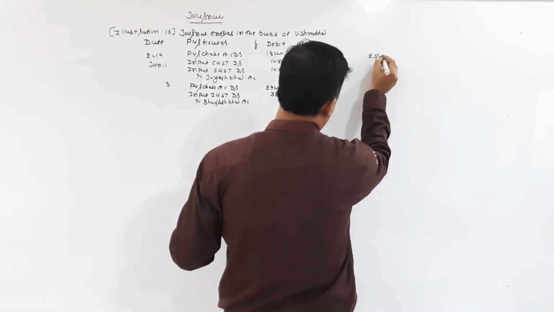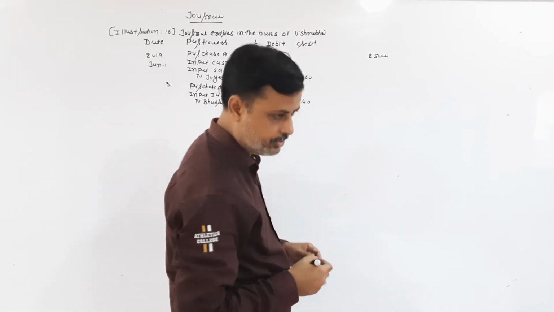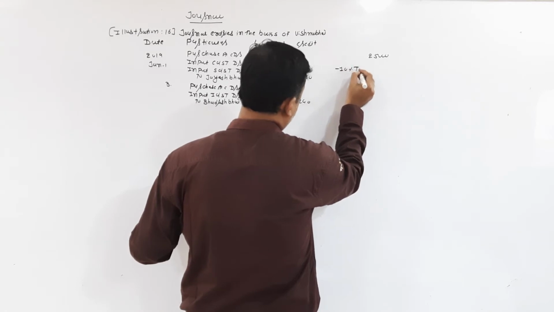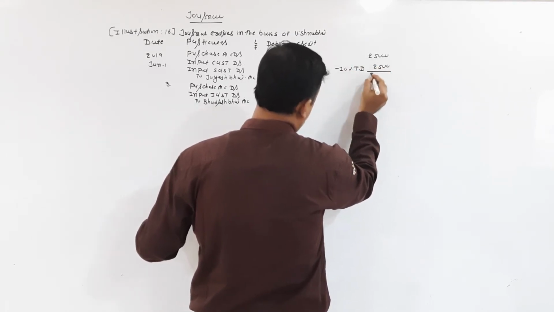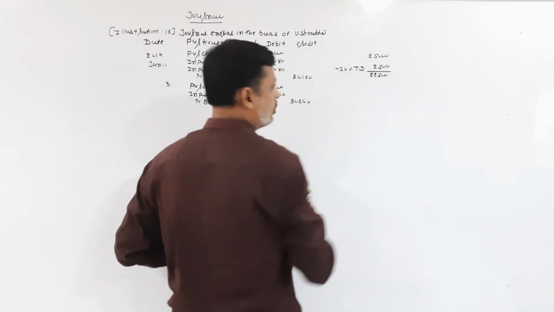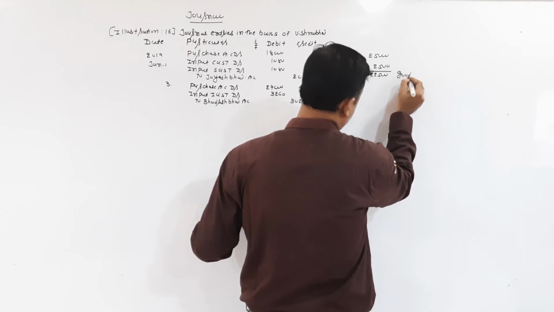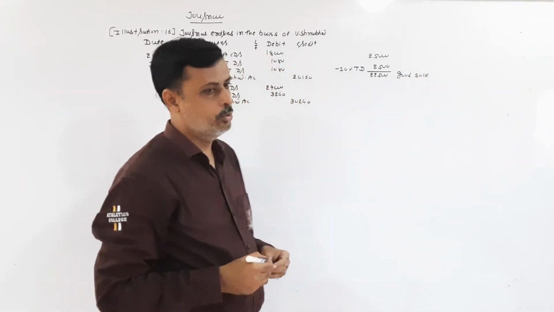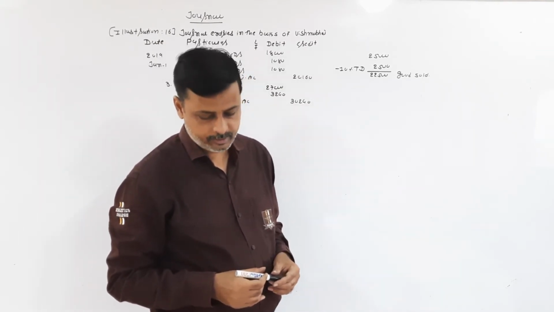25,000, 10% trade discount, 2,500. So 22,500 goods sold, and these goods are sold in Madhya Pradesh, so IGST 12% is required.